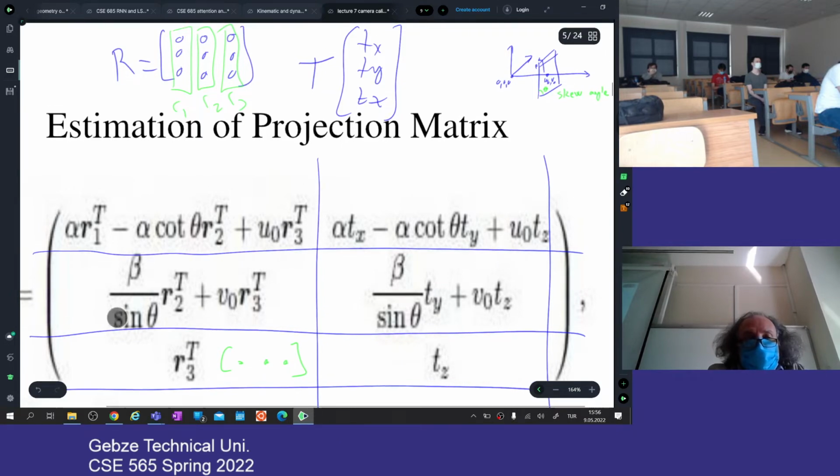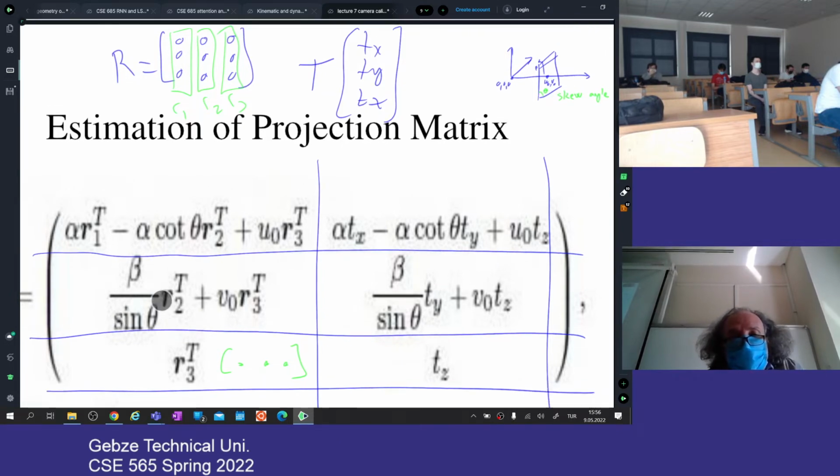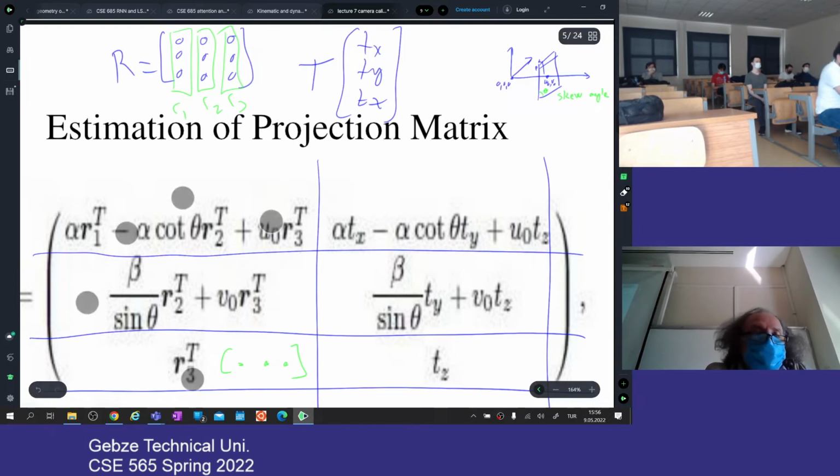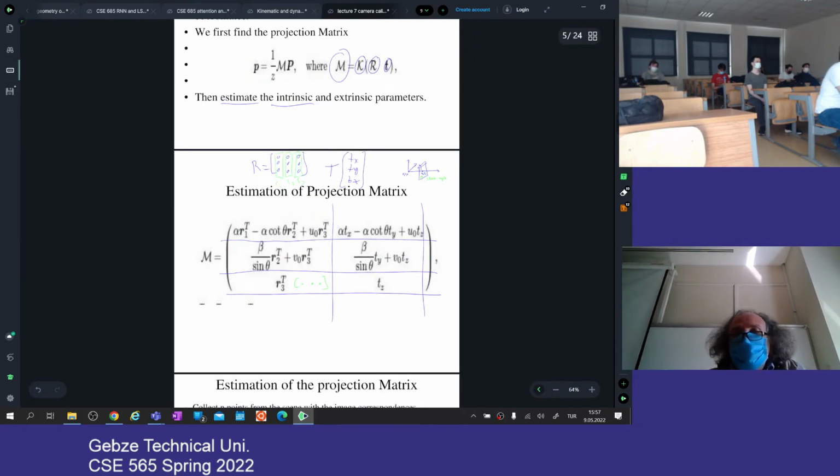Beta over sine theta times R2 transpose, V0 times R3 transpose. This is again a 3-element row vector. So this whole area is a 3 by 3 matrix, and this one is a column vector. Good. So this is M.